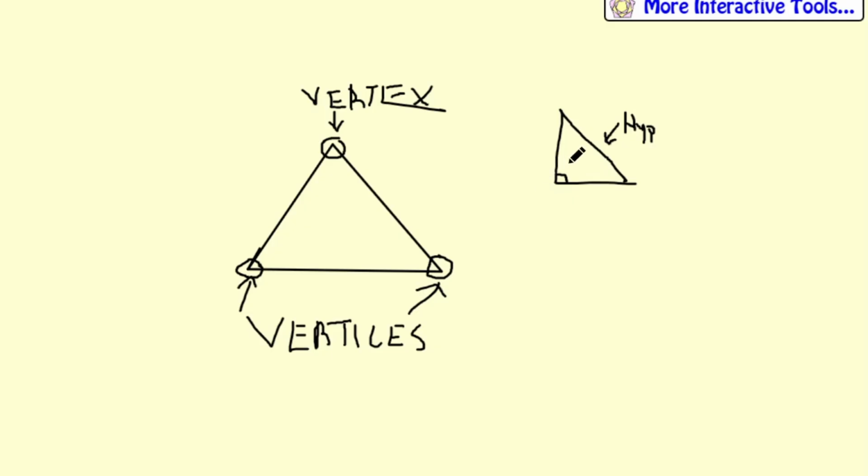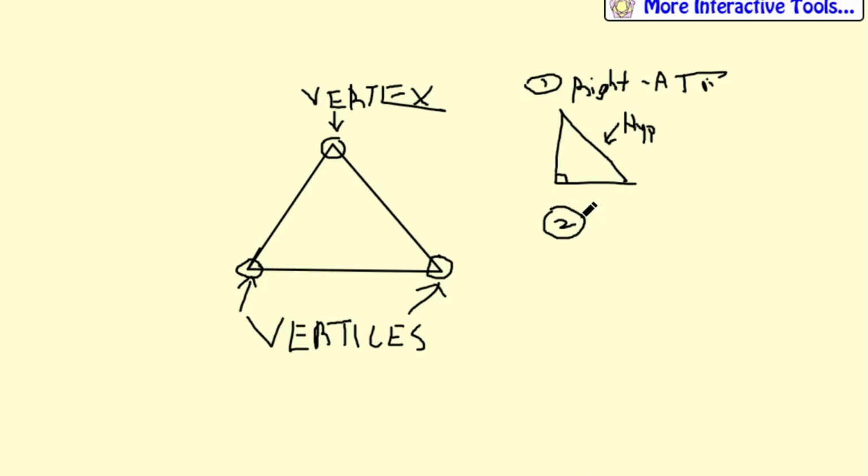So the right angle triangle is the only triangle that has a hypotenuse, which is the longest side, that is opposite to the right angle. All right. So this is one type of triangle and it's called a right angle triangle.